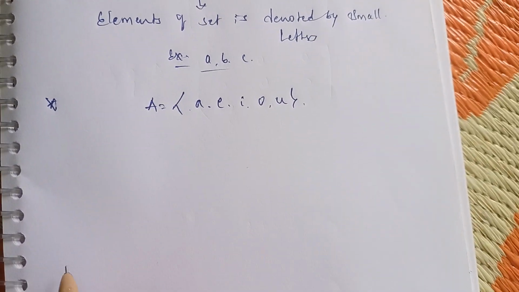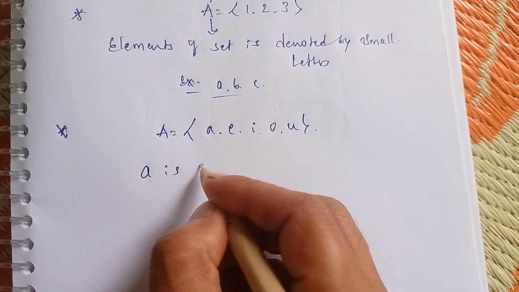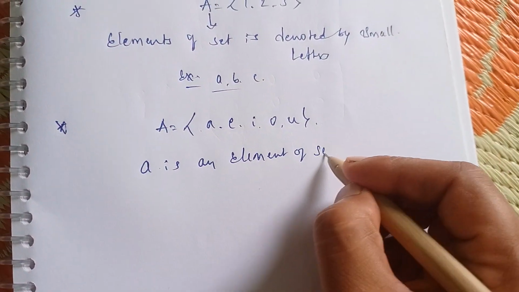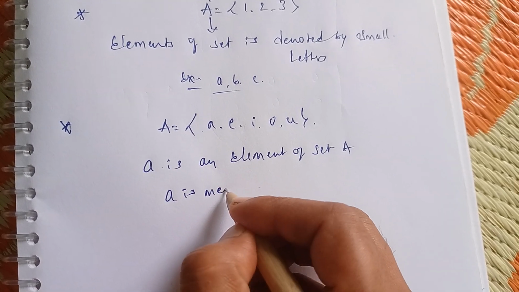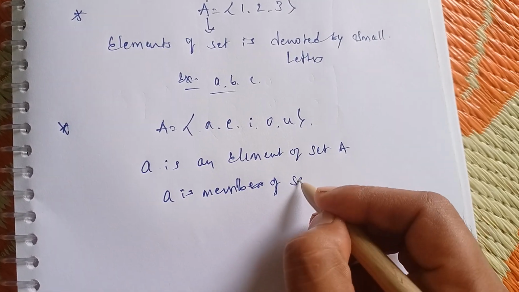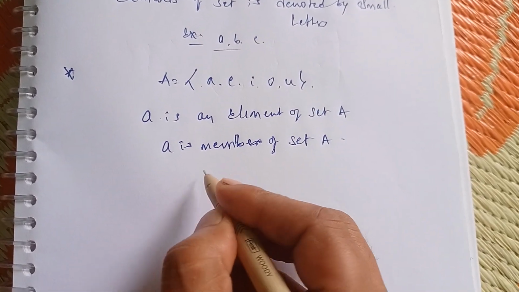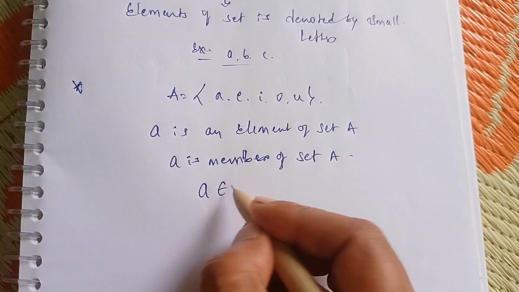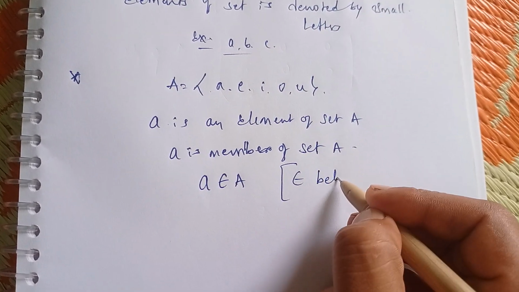Here I take a is an element of set A, meaning a is a member of set A. To denote this statement, there is one more Greek symbol. a belongs to A. The meaning is belongs to.